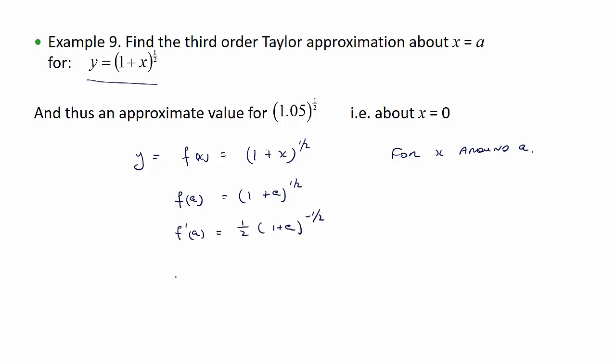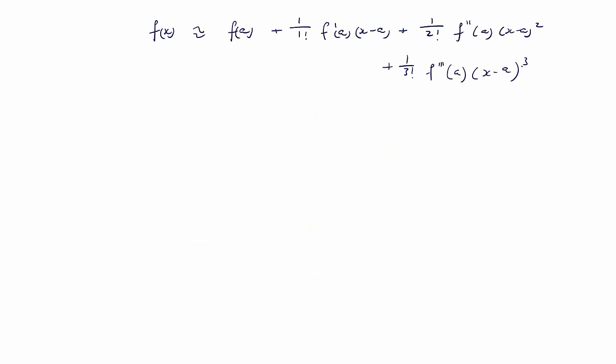Second derivative, evaluate that at a, it'll be minus 1/4 (1 plus a) to the minus 3 on 2, and our third derivative will be plus 3 on 8, (1 plus a) to the minus 5 on 2.